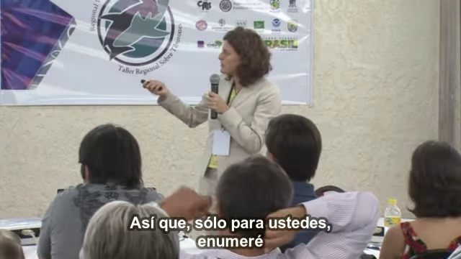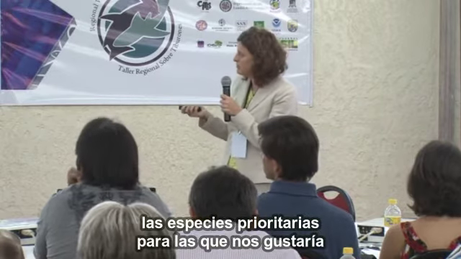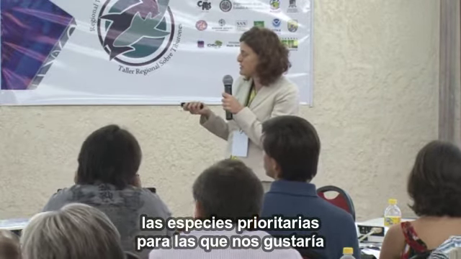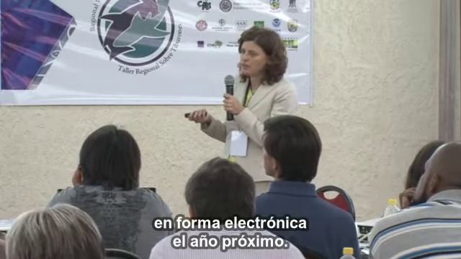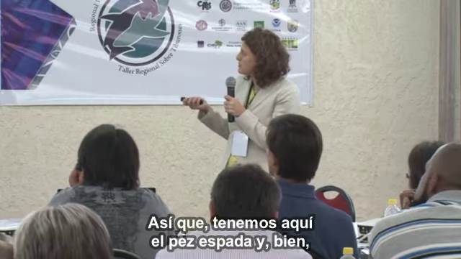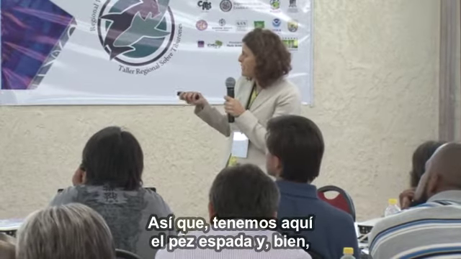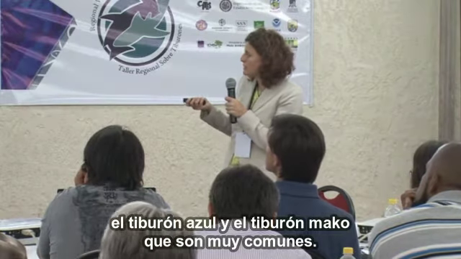So just for you, I list there the priority species for which we would like to have a first release of the field guide. I expect to have this next year as an electronic publication. So we have the hammerheads here, and blue shark and shortfin mako that are very common.